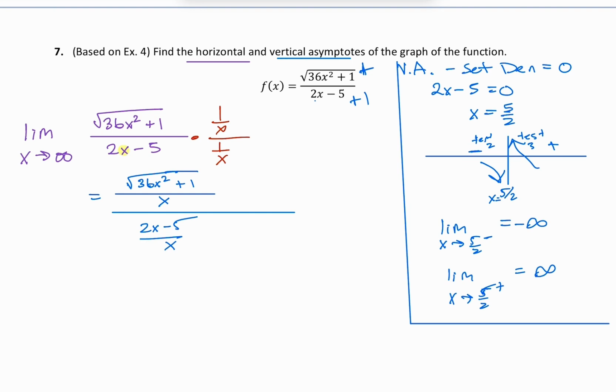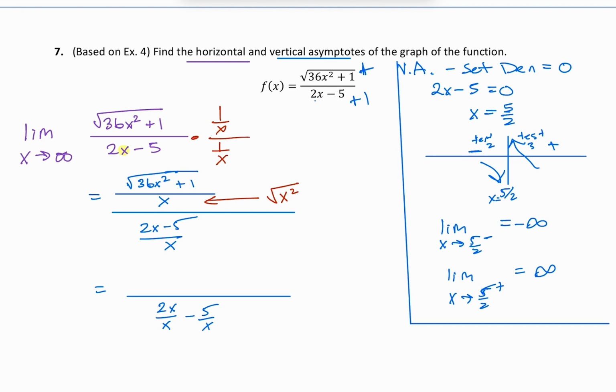My denominator is easy enough to decompose, and I can just split that up into 2x over x minus 5 over x. But in the numerator, I have a square root, and I can't bring that x into the square root as it is. So what I can do is replace this x with the square root of x squared, because that is the x, almost.